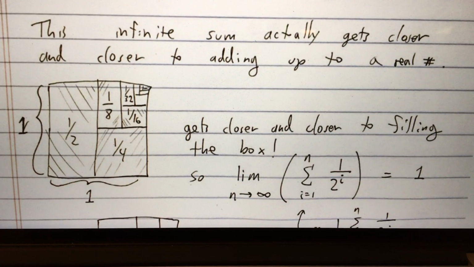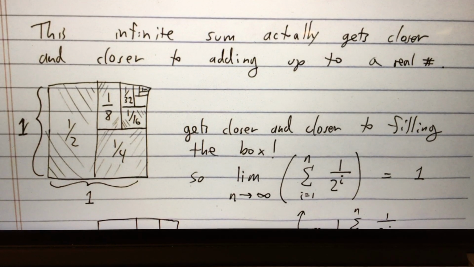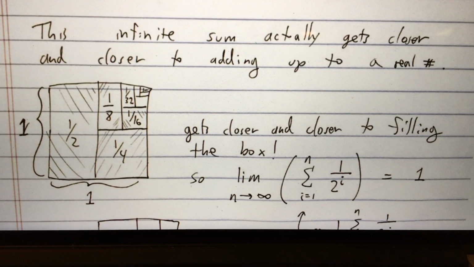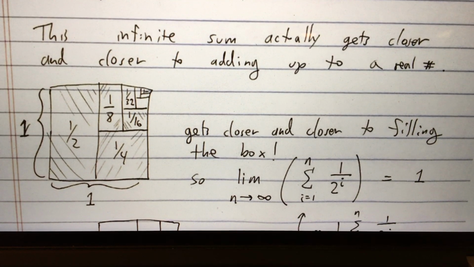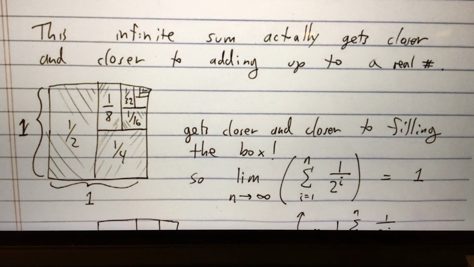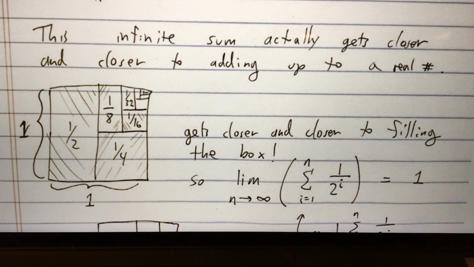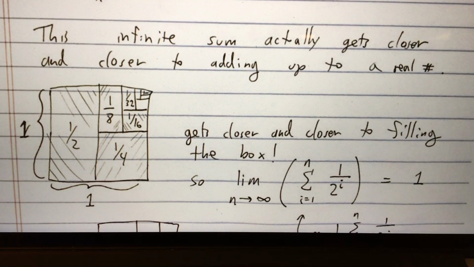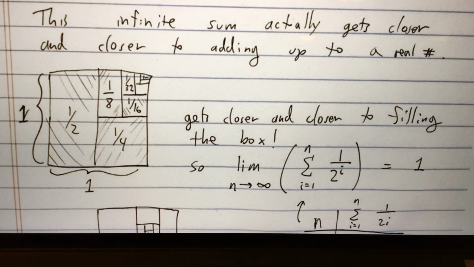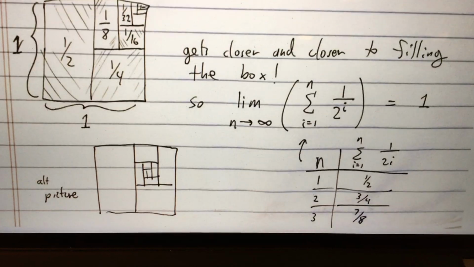So that's what I say. The limit as n goes to infinity of the sum from i equals 1 to n, where you stop at n instead of infinity, of 1 over 2 to the i. So that'll be what's called partial sums of the series. I don't go all the way. But then if I take the limit as n goes to infinity on that, I will get 1. There's a few of the terms that you can see.